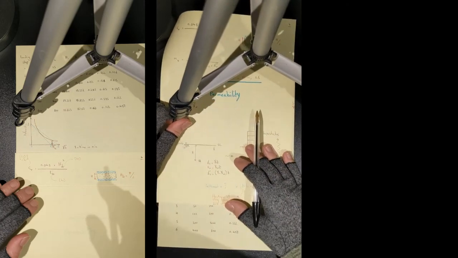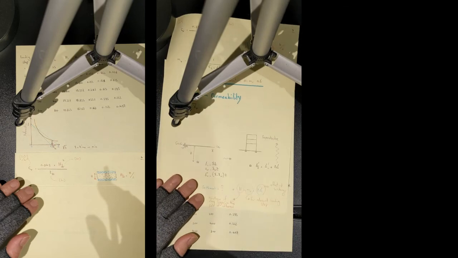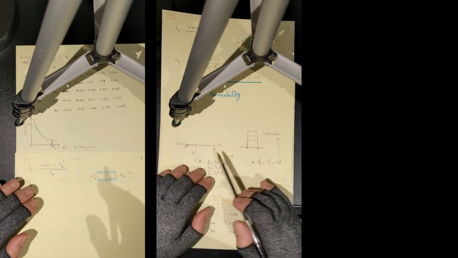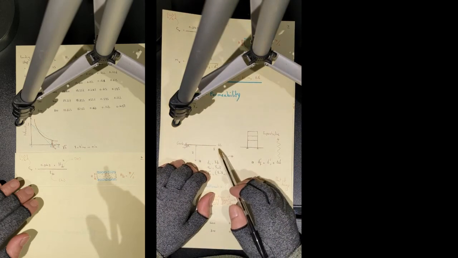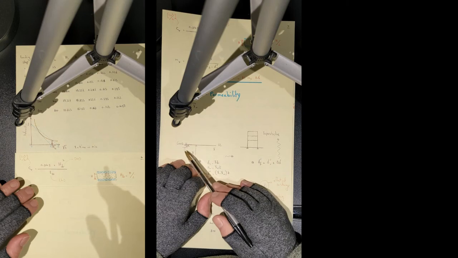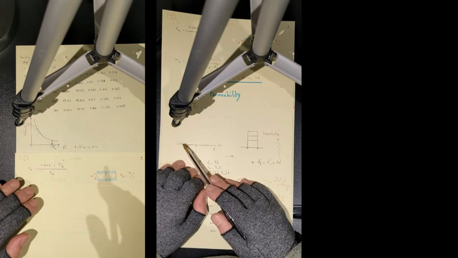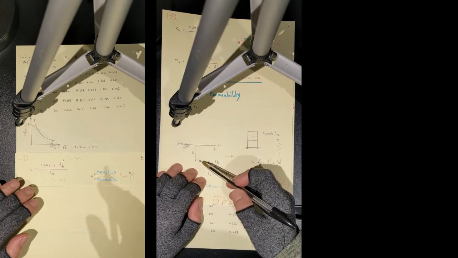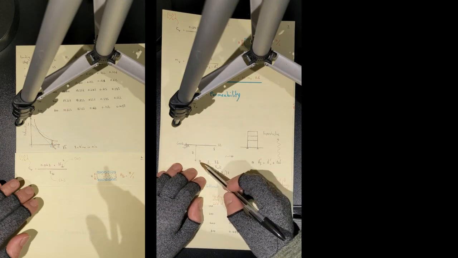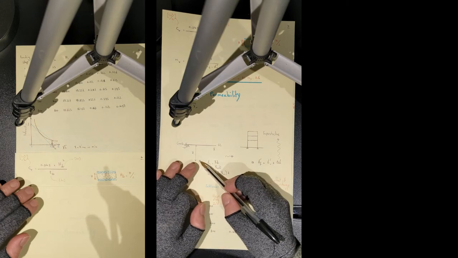So, let's have a look. So this is your ground level, and let's say the groundwater level is standing on ground level. This is GWL, groundwater level. And let's say you are interested in this point. Let's say this point is in the middle of your clay layer.